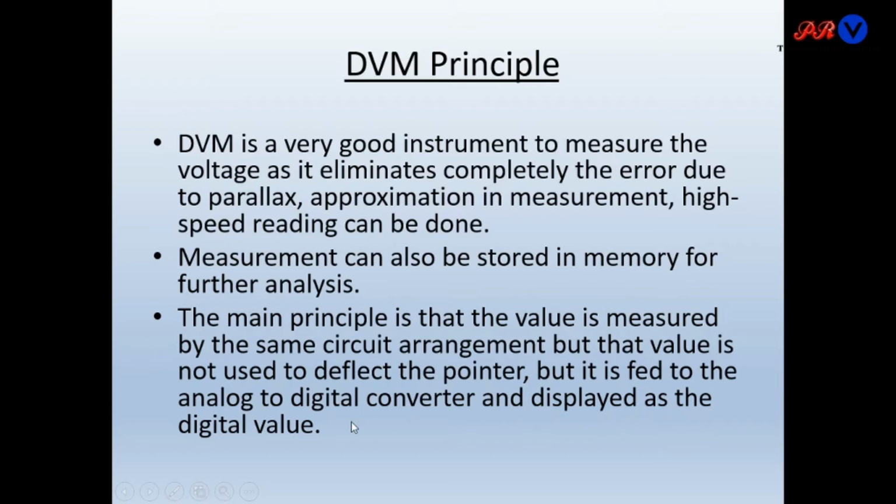So it will display the value to be measured in digital form. The main principle is that we use ADC, so that the measured voltage can be indicated directly in digital form.